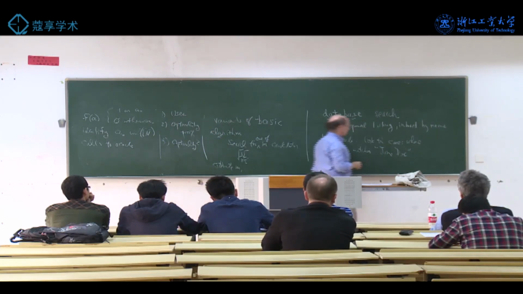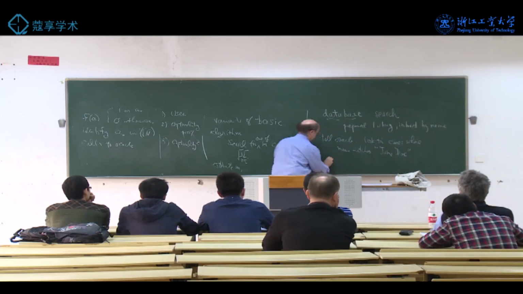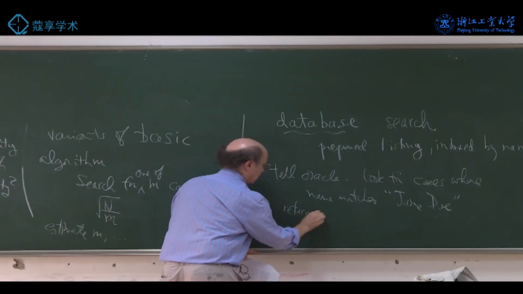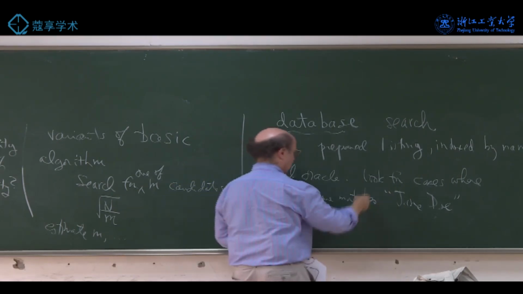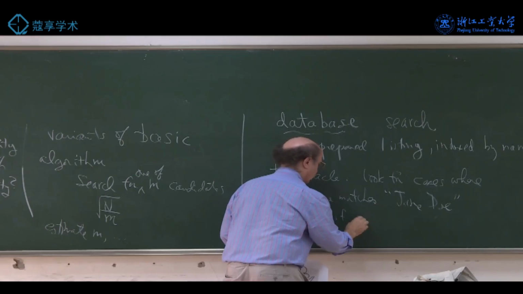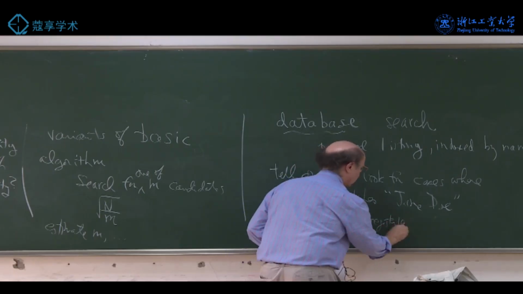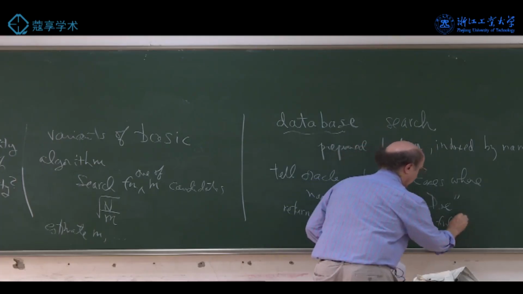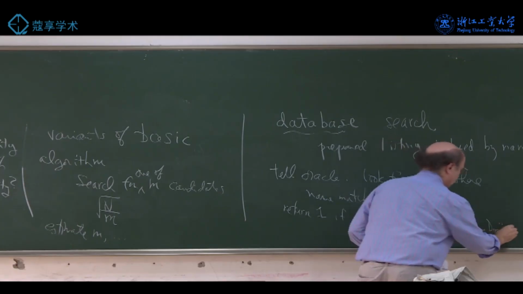And there's going to be only one such case, and you return the number 1 if, when you look up what's at register A, you find Jane Doe under name.